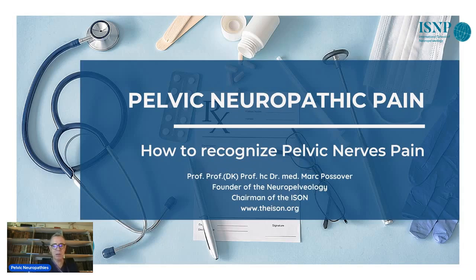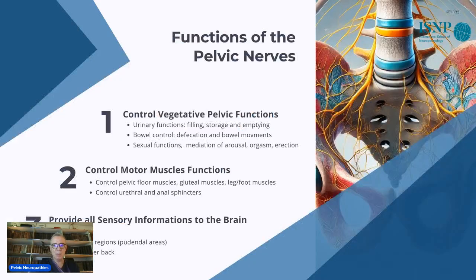And to understand neuropathic pain, we have to come back again to the anatomy, the anatomy of the function of the pelvic nerve, because the pelvic nerve not just brings information of pain to the brain, but controls several functions.